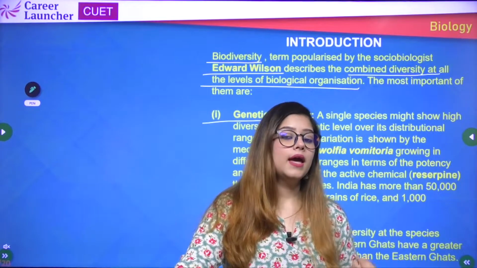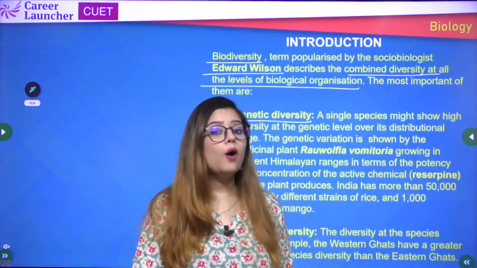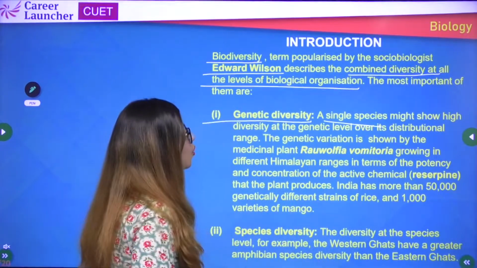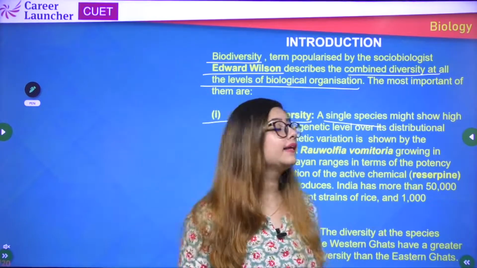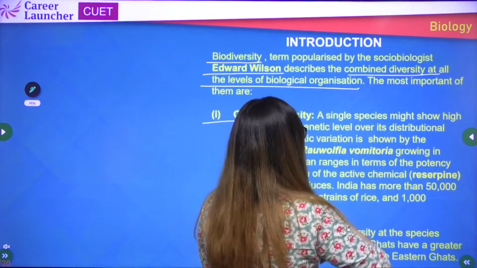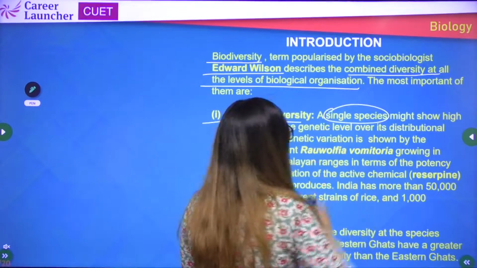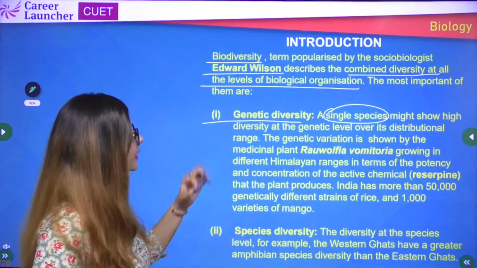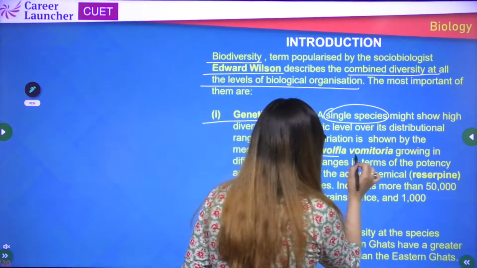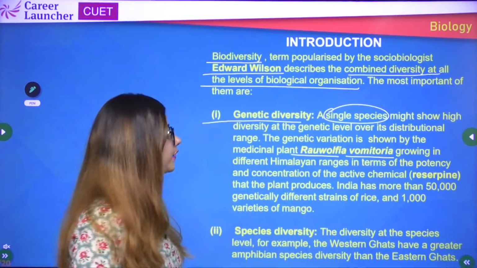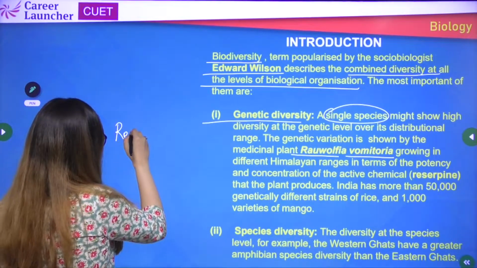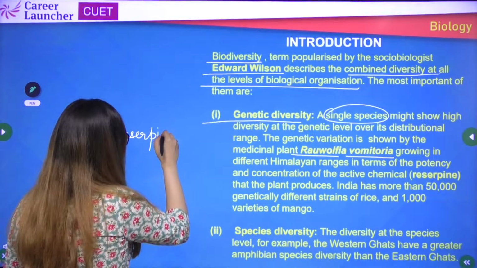Genetic diversity gives us an idea about how a single species might show high diversity at the genetic level. So a particular species can show a lot of diversity at the genetic level. An example is the medicinal plant Rauwolfia vomitoria, which produces a chemical known as reserpine.